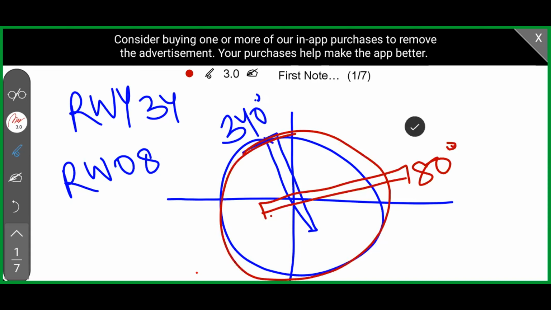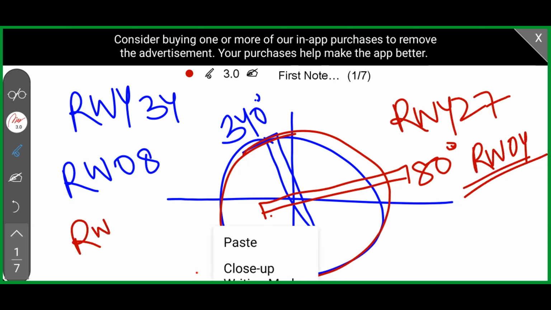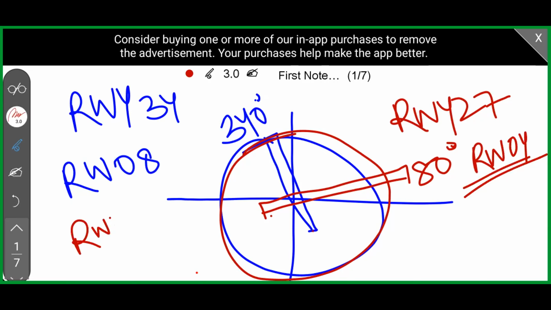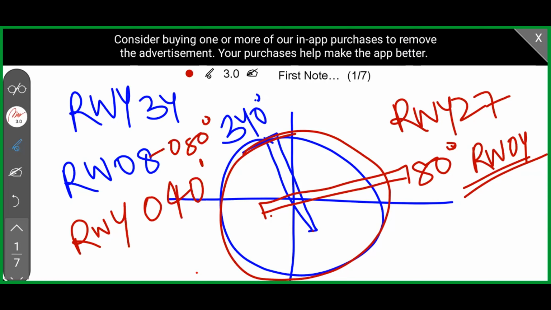Am I clear till now? Everyone getting this point, right? Yes, sir. So whenever you are going to see runway 27, runway 04, what does it really mean? That runway is making an angle of 40 degrees. Runway is making an angle of 80 degrees. Is that clear to you all?